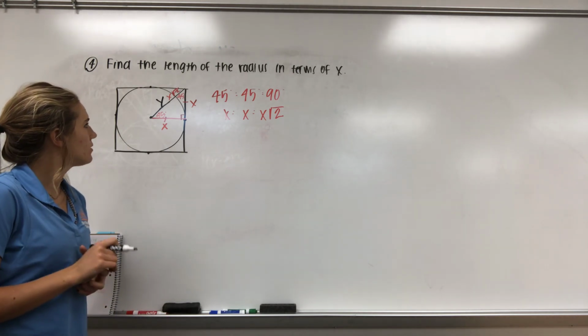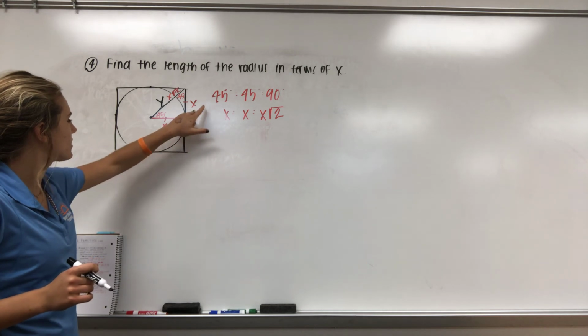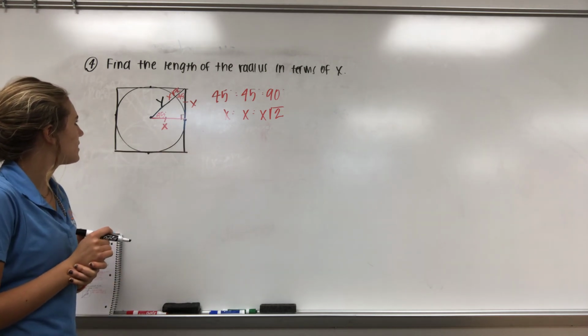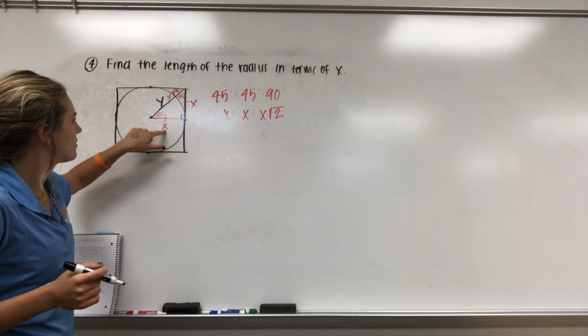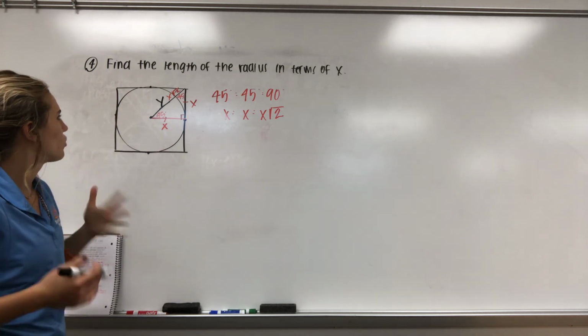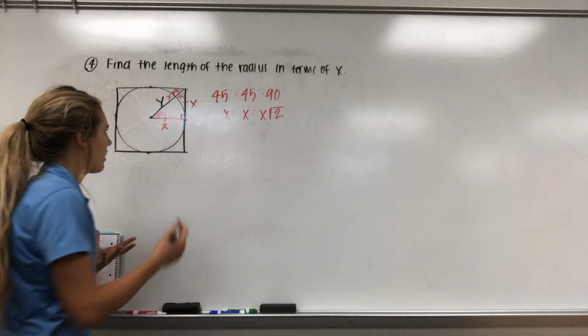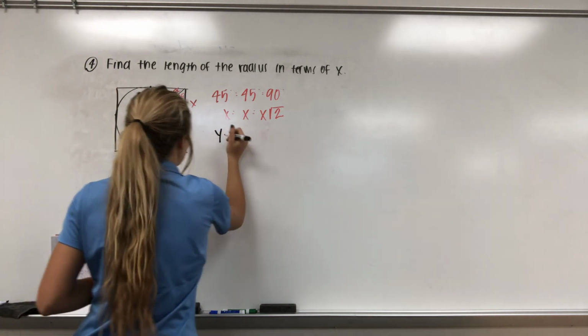Okay, so since we want to know one of these sides, right, what they actually mean, I need to figure out what x is in terms of y, which makes sense because, like I said, I'm just going to rename the side of the triangle y right here.